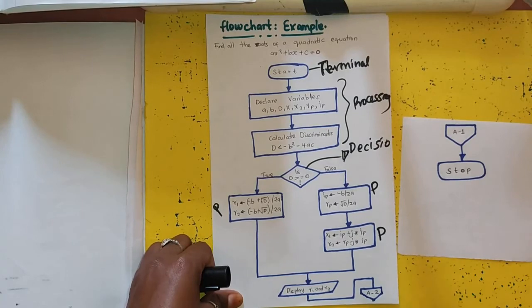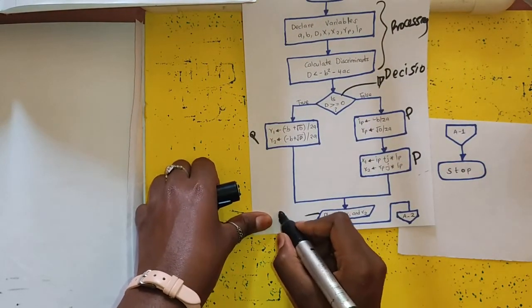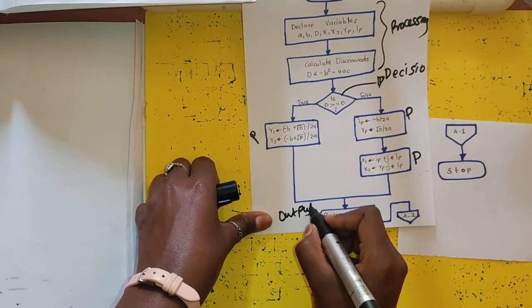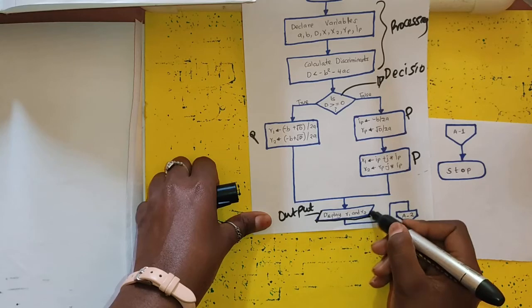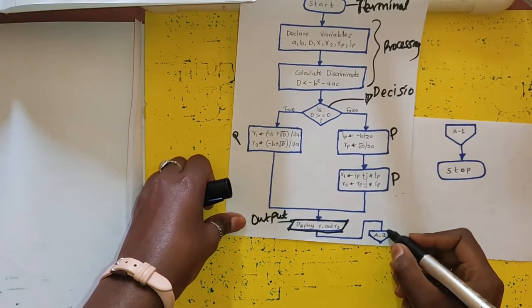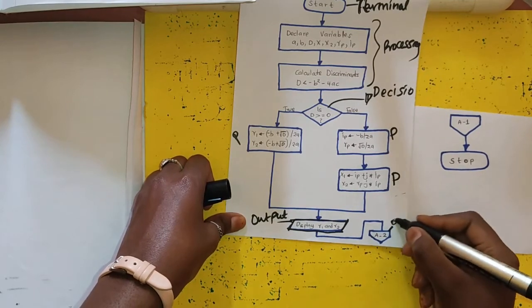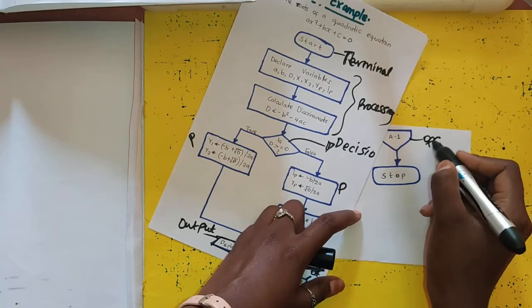Then we have a display. Now displaying this is an output, and for output and input, we use this shape, right? Then after that, we have the off-page connector, and we have another off-page connector here.